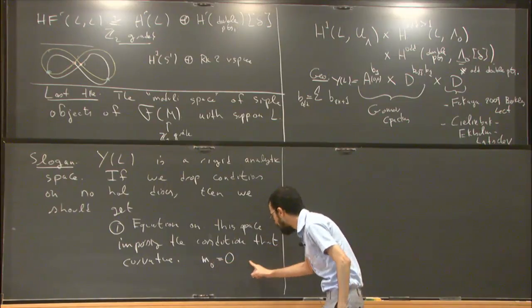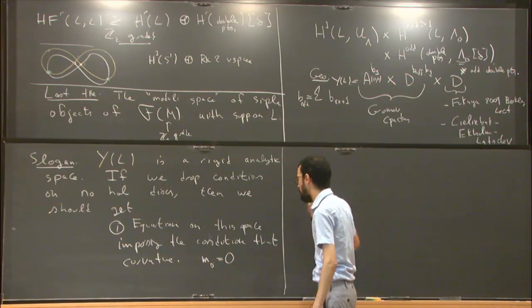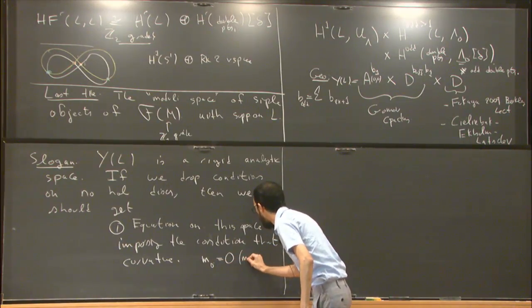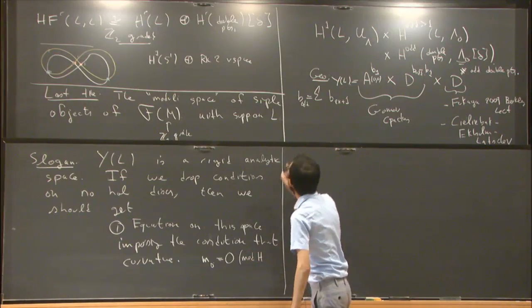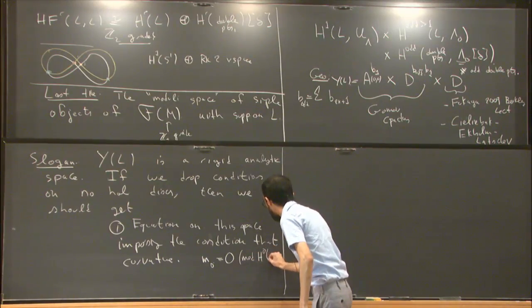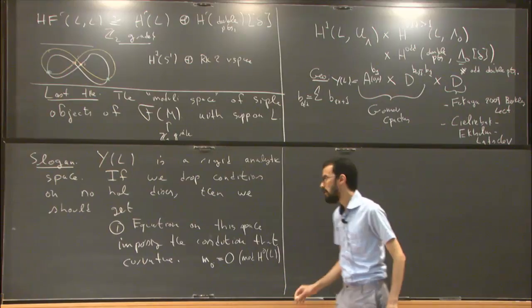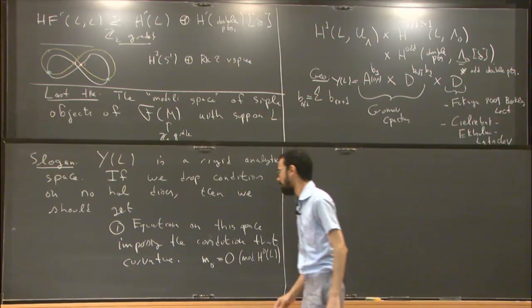Just because of the examples which are easiest to present, I want to say mod H^0 of L. This is called being weakly unobstructed.